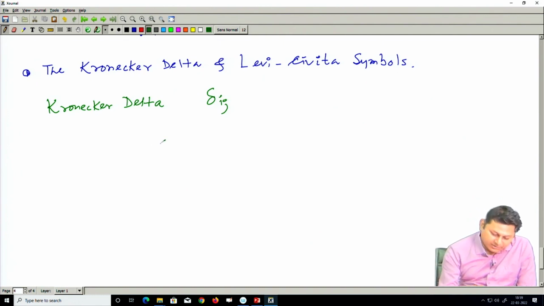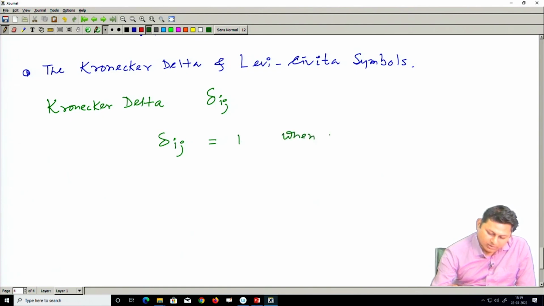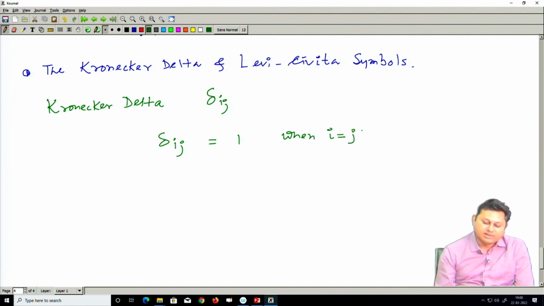What is the beauty of this definition, or what is the property? Delta_ij should be equal to 1 when i is equal to j. These two indices i and j, when they are the same, then this delta should be 1.